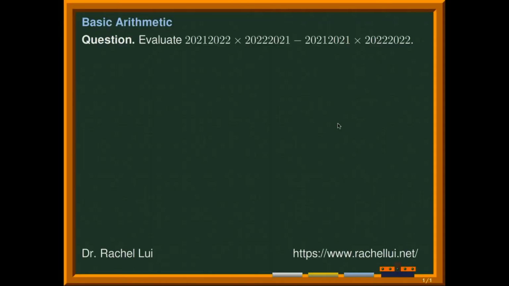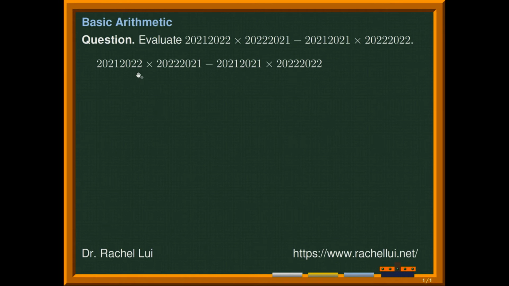We are asked to evaluate 2021,2022 times 2022,2021 minus 2021,2021 times 2022,2022. The first step is I want to change this into something which is similar to this one.